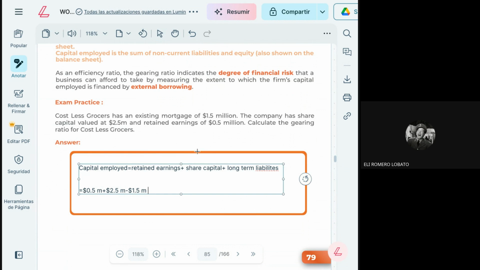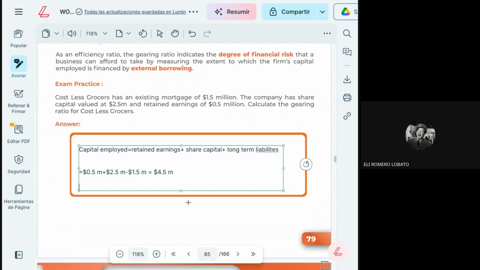The capital valued and the retained earnings are external and internal sources of finance. That's why we get as total $4.5 million.